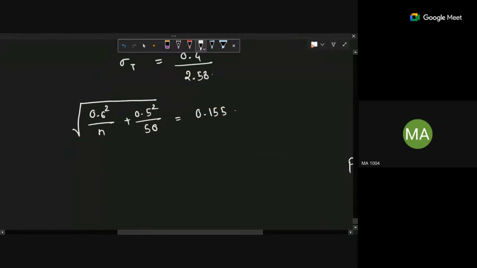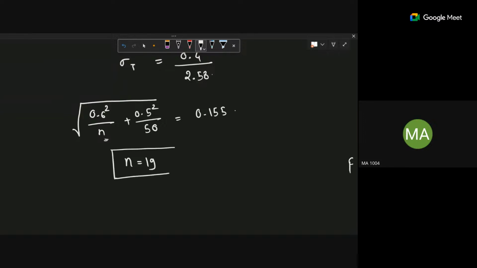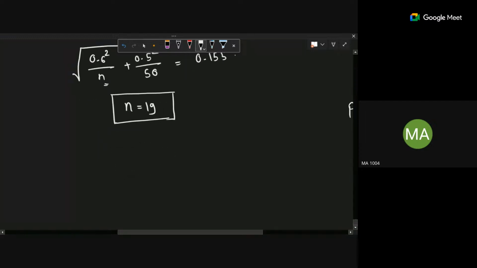Then normal calculation will give you the value of n. Just take the square on both sides, and the rest is addition and subtraction, and finally you will get n equal to 19. I am writing the direct answer due to the time constraint. You just check it. If you still get any problem in the calculation, we can discuss it on the discourse.